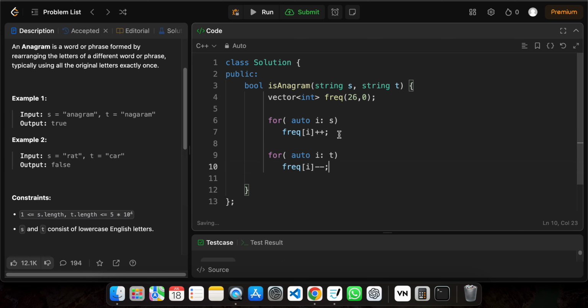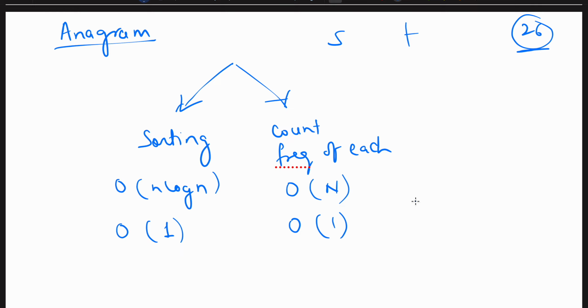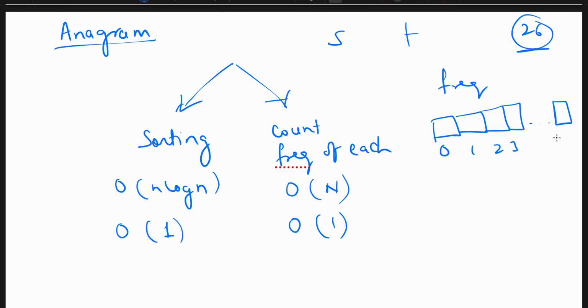So what I am doing here, this is my vector of size 26, so it will have 26 places for storing the frequency, and each place will have some index number like this, and the last one will have 25 because its size is 26.